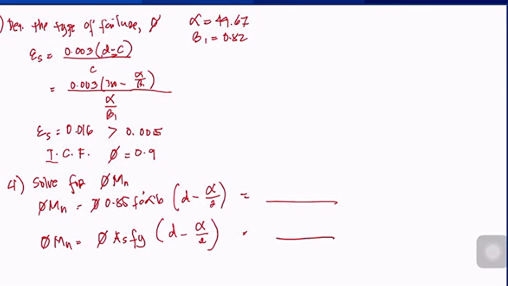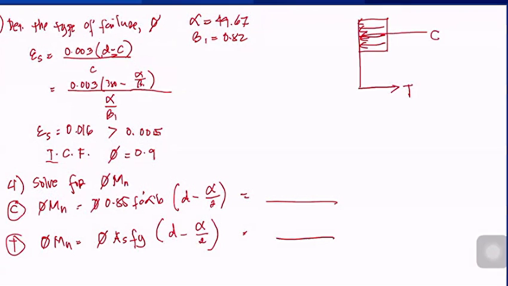You can use either of the two. Because this is a couple, coupling. This is compression, this is tension. If you remember earlier in our stress block, there it is. So this is T and this is C. This part here is your alpha.